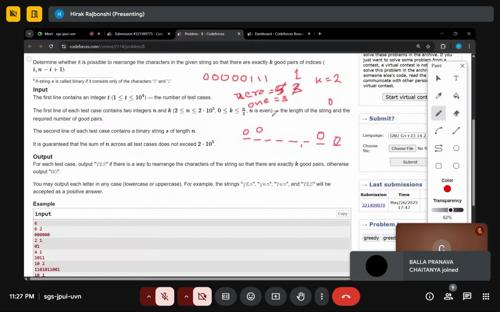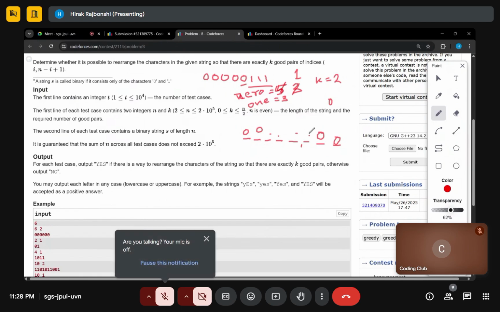Now we have remaining three ones and one zero, right? And both are positive, so it will not be no. But can we place 1 zero and 3 ones in such a way that it will not create a good pair?